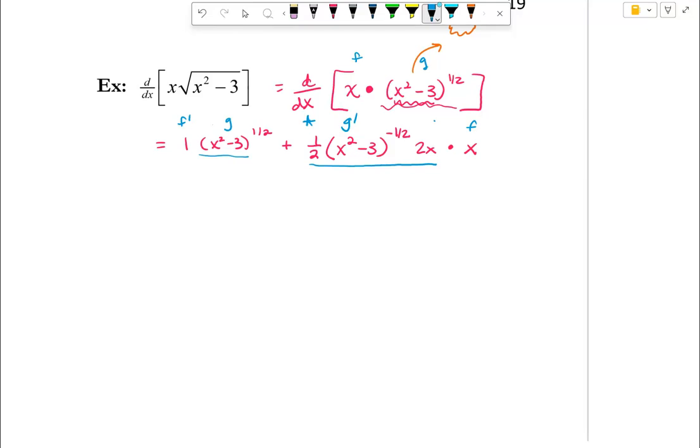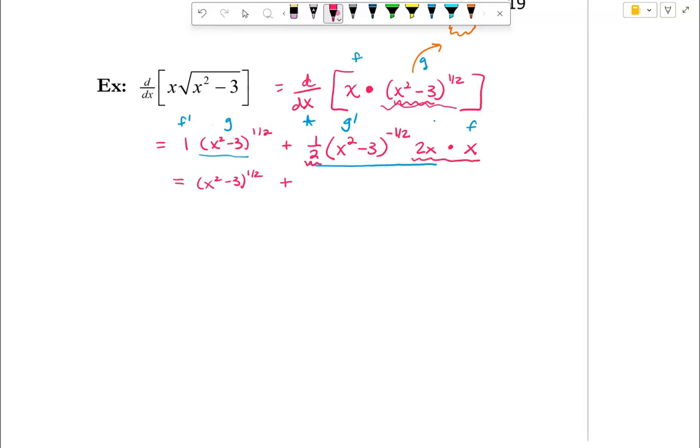So as we go to make this look a little nicer, to condense this, we'll notice that we have two terms because, again, the product rule produces multiple terms. So we have x squared minus 3 to the 1/2 power. And for our second term, we could put a few things together. I could multiply the 1/2, the 2x, and the x.